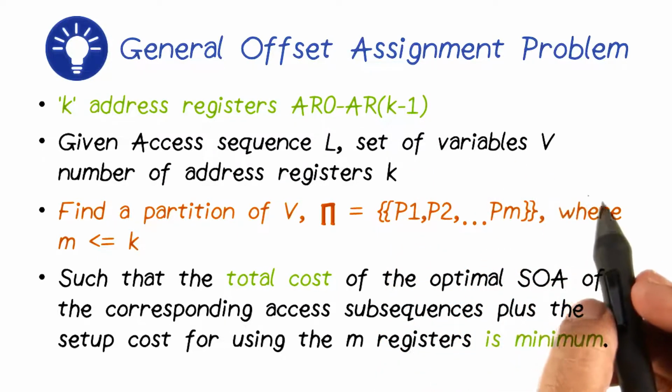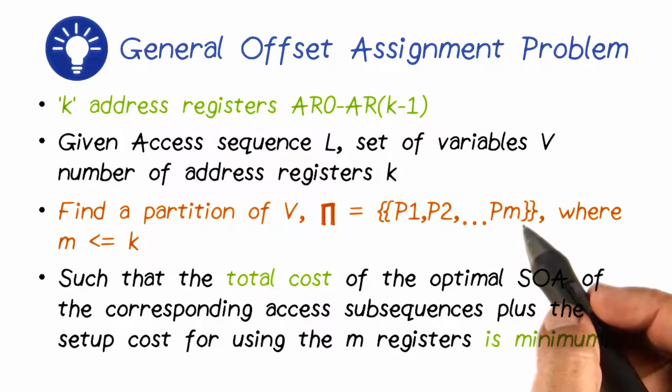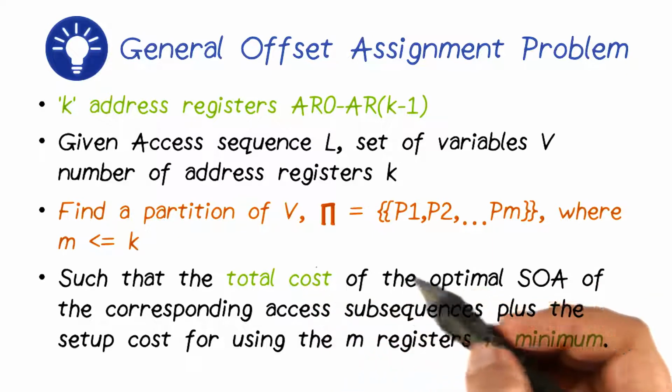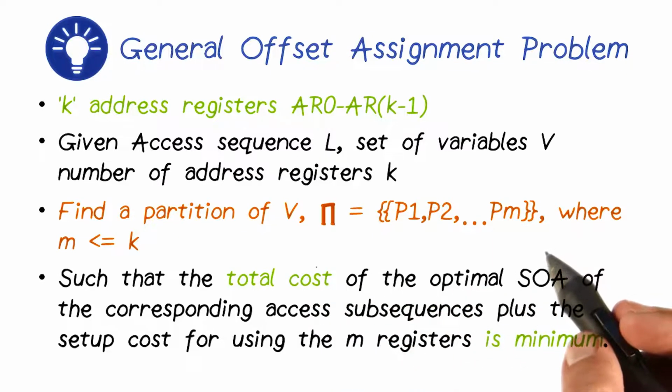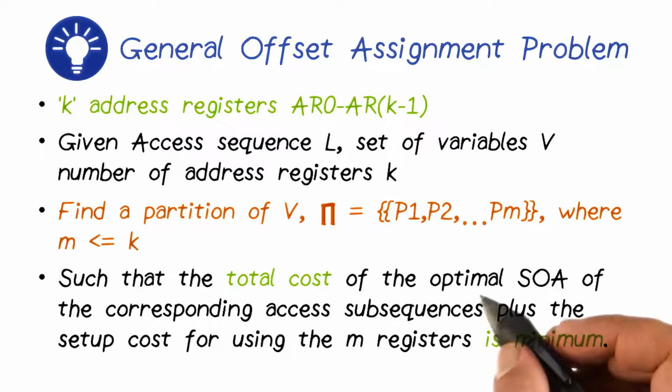In this particular case, what we do is we partition the graph into subgraphs such that each of the costs of the subgraphs for coverage by a particular address register is the minimum. We are going to look at a simple example to better understand this.